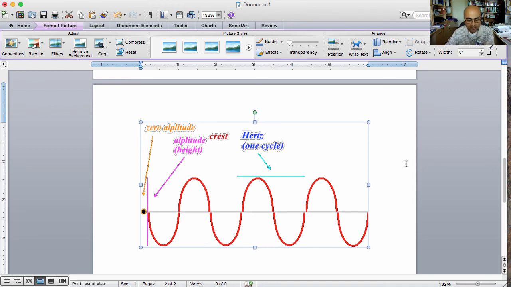DVD quality video has bit rates of anywhere between 4 to 8 Mbps, megabits per second. You've already heard of things like Blu-ray video, which is about 25 Mbps. Of course, the higher the megabits that you see, the better quality or more clarity you would find in your video.